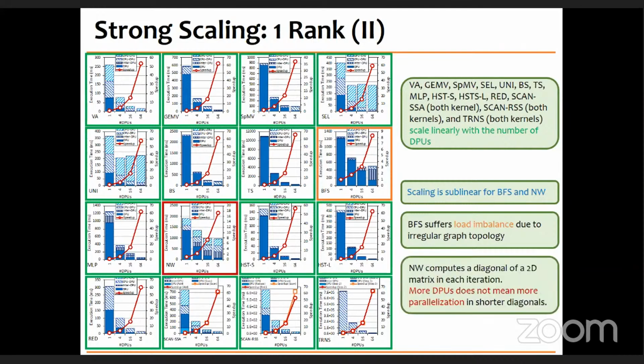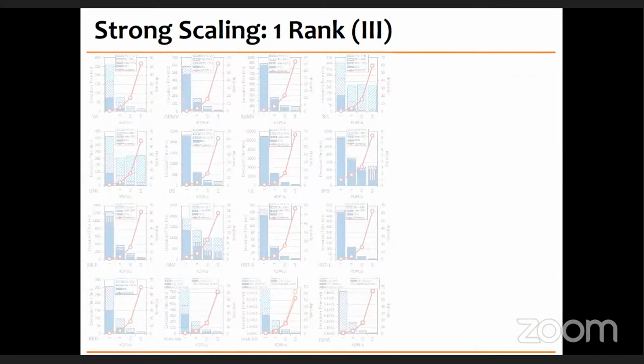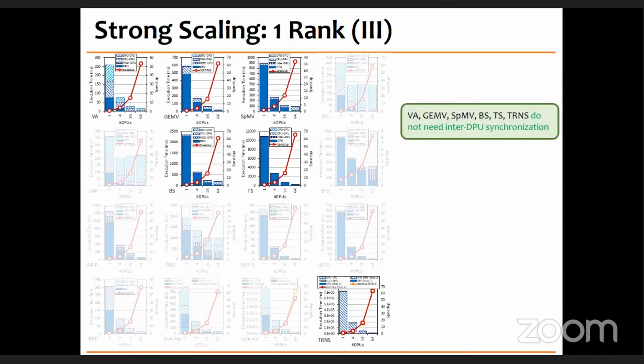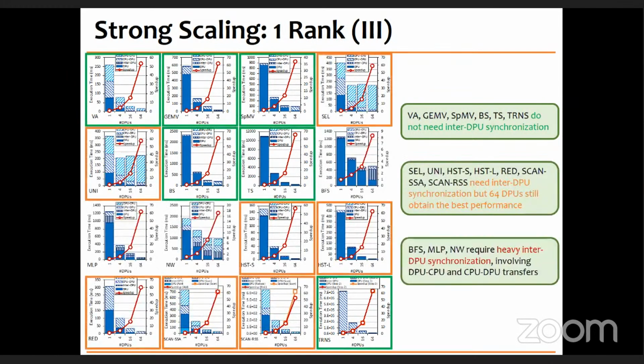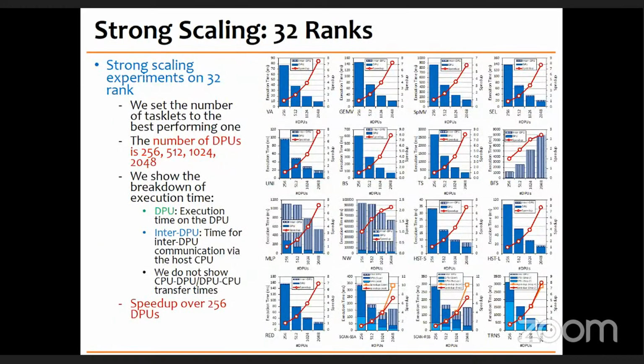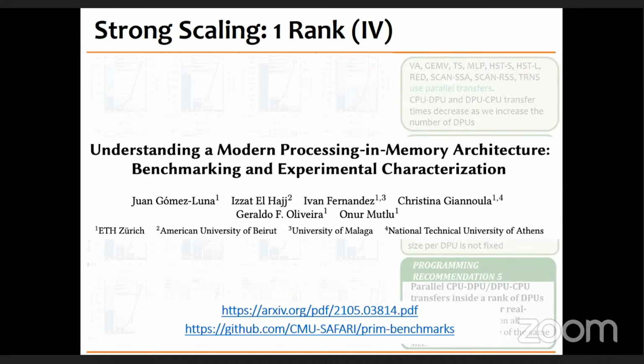In some cases, we'll have other issues like load imbalance, or also a lot of inter-DPU synchronization needs that definitely affect the overall performance. We have, three, let me see.